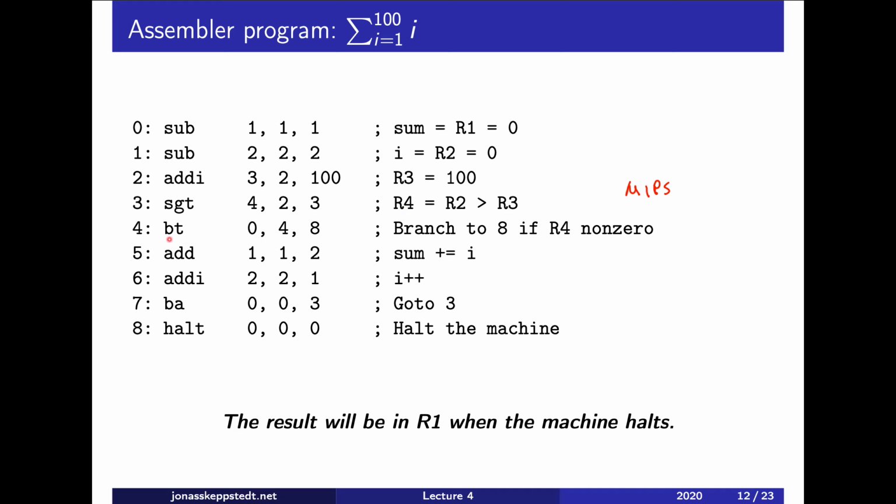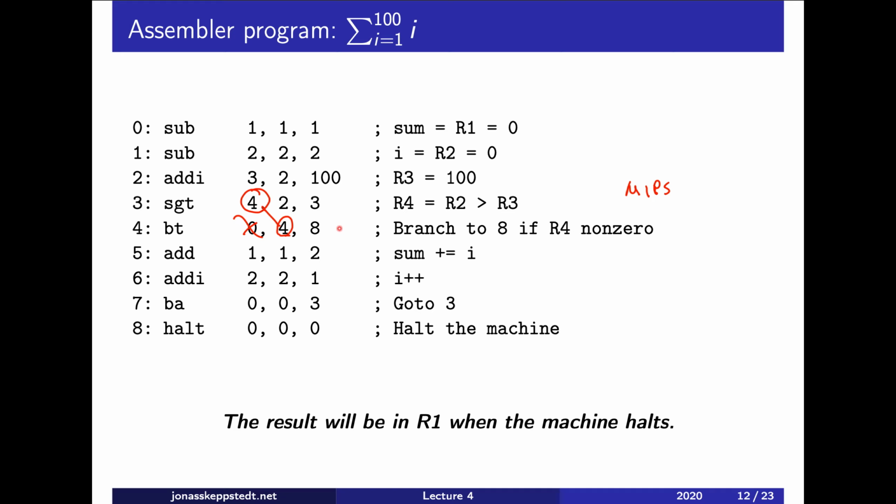And then we do branch if true, using this register, the same that we used there. The first operand is not used, but it has to be there for the machine.c when it reads this file.